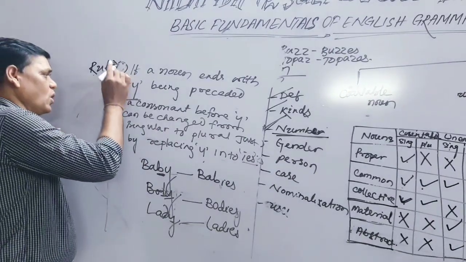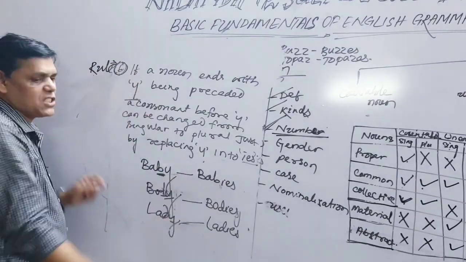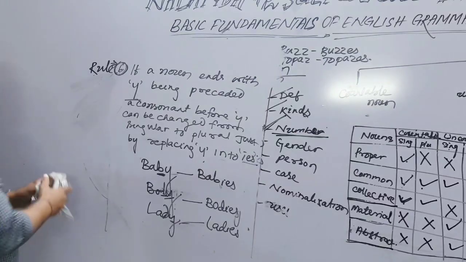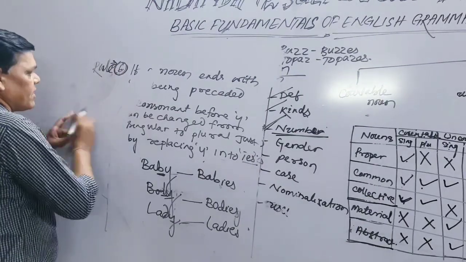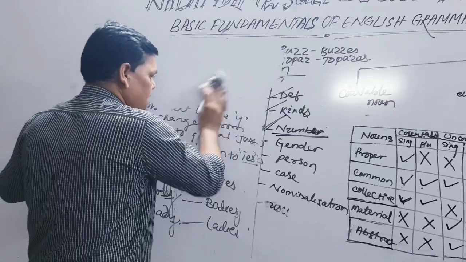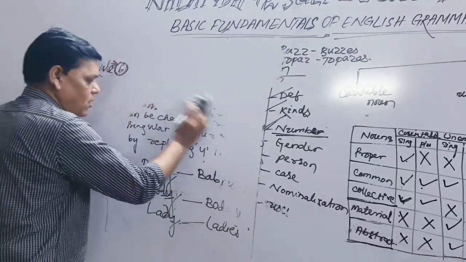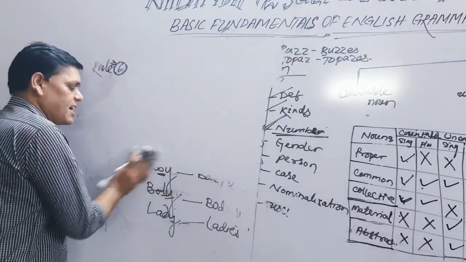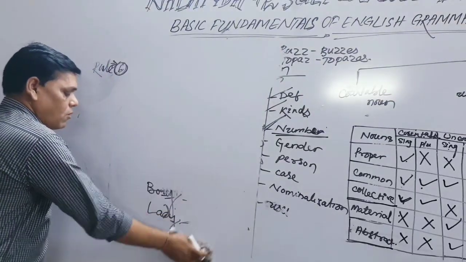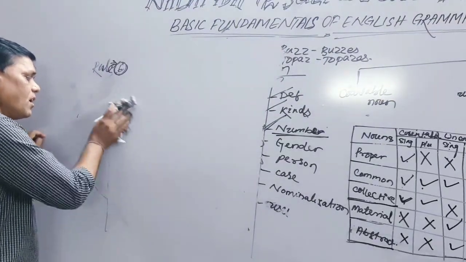Then the sixth rule. The sixth rule says that there are some nouns which can't change their form, whether used as singular or as plural.